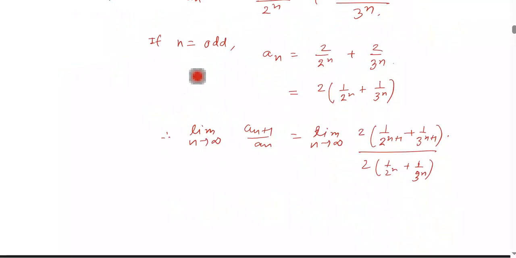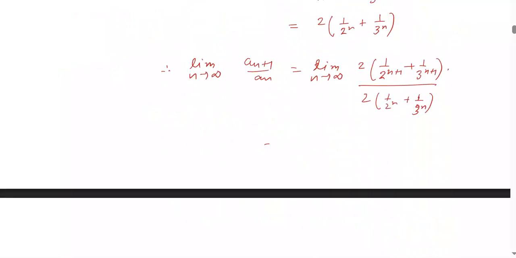From here, if you simplify the limit as n tends to infinity, it is basically 1 by 6 into 3 power n plus 1 plus 2 power n plus 1 by 3 power n plus 2 power n.